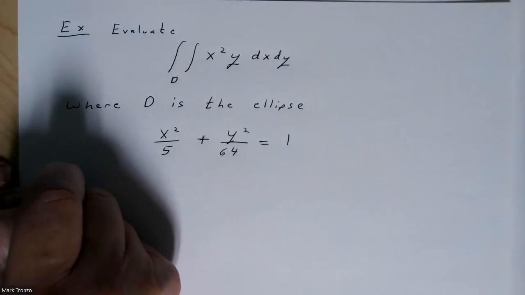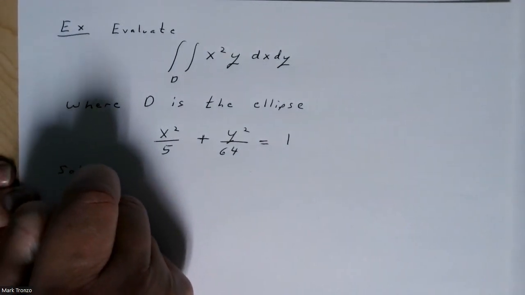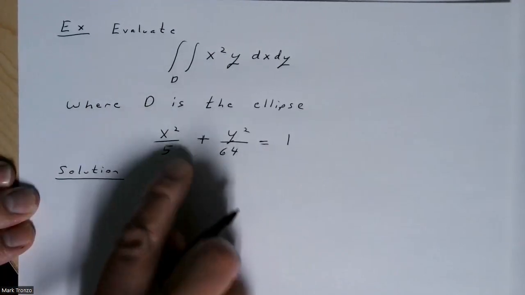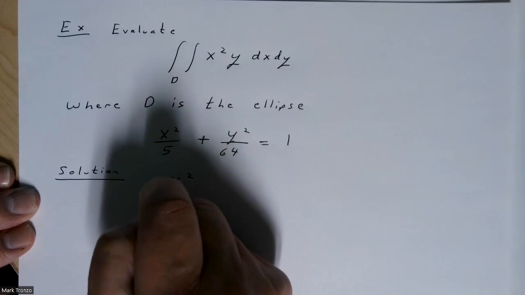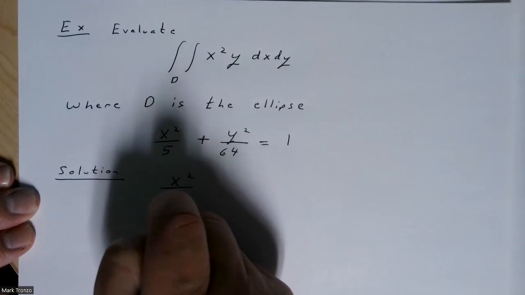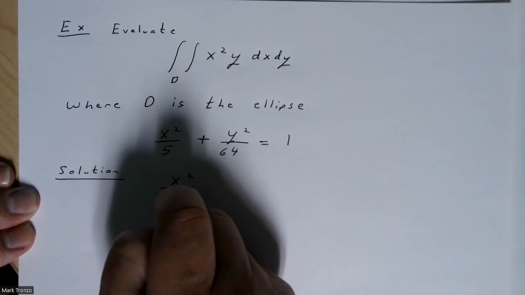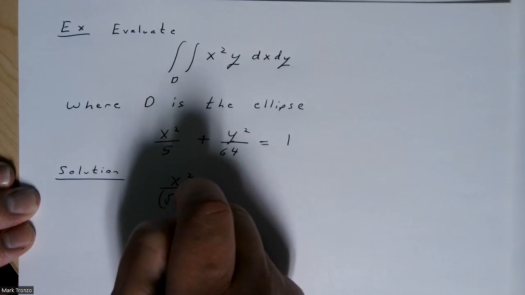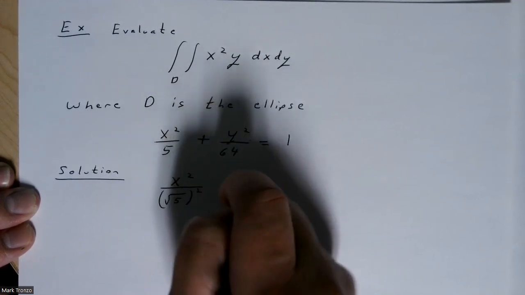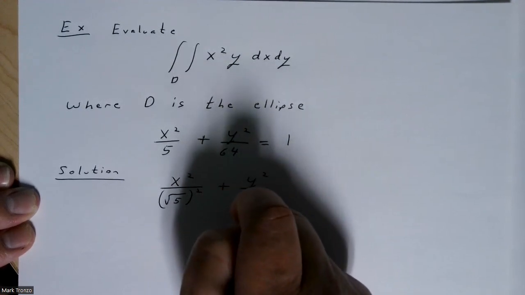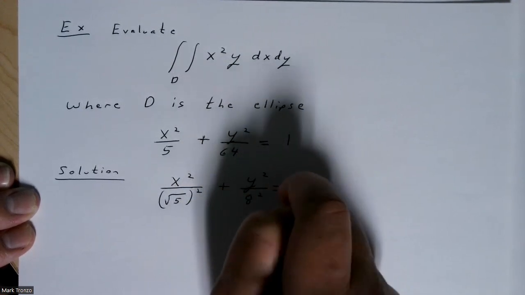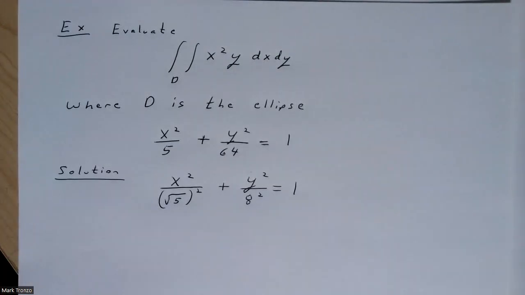Now, first of all, we want to get this into the form of an ellipse. So we're not quite there because we need the denominator squared. So we're going to have to make this square root of 5 squared. Make this 8 squared equal 1 like this.